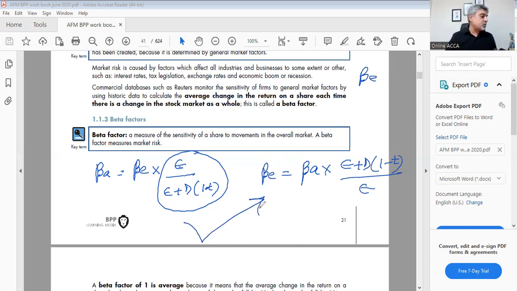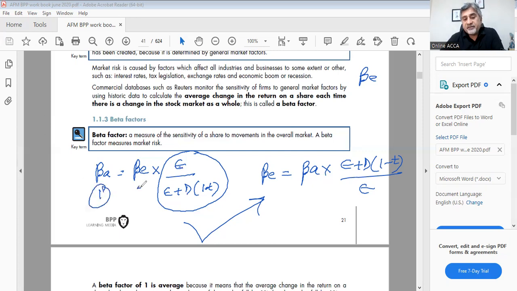So this conversion will always happen whenever you get a beta question in the exam. We call them, by the way, geared beta and ungeared beta. Where do we use these two betas? Now that is the question. I understand that there are two betas: one is called asset beta, one is called equity beta. Asset beta is the one which has only one risk.